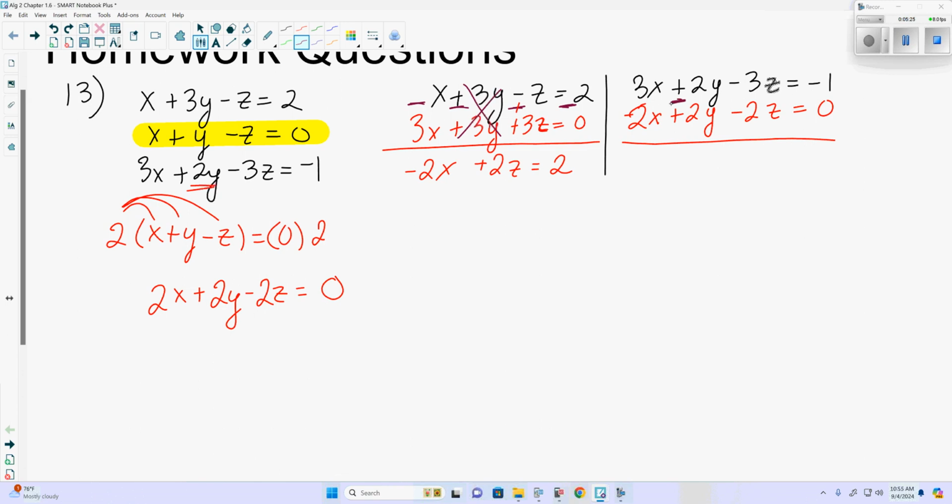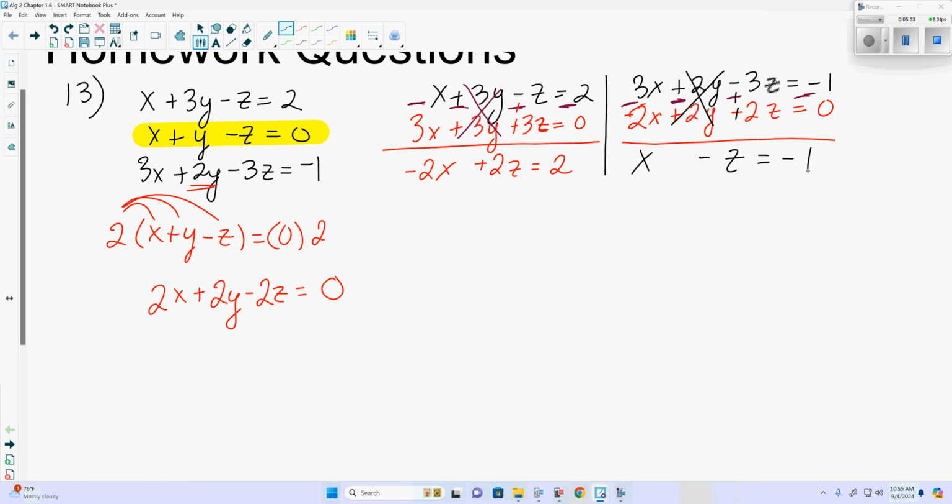Again, the signs are the same, so we're going to subtract. 3x minus 2x is indeed x. 2y minus 2y is 0, like we wanted. Negative 3z minus negative 2z, negative, make a plus. Negative z is equal to negative 1. Kind of following so far?